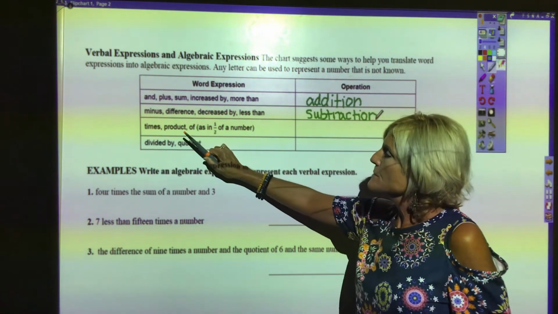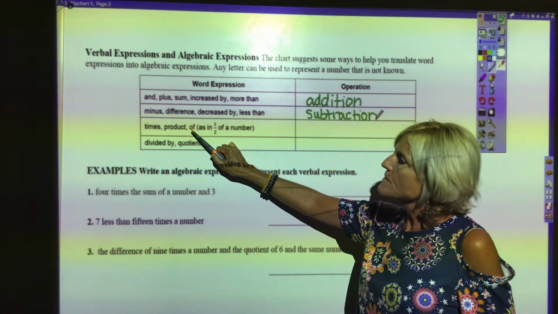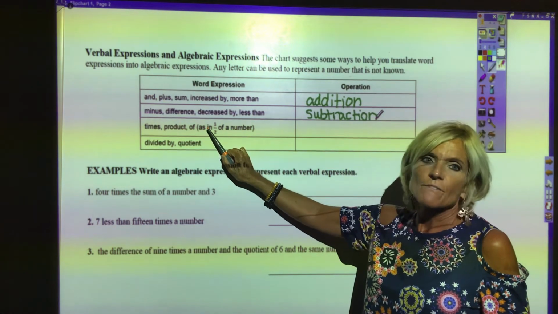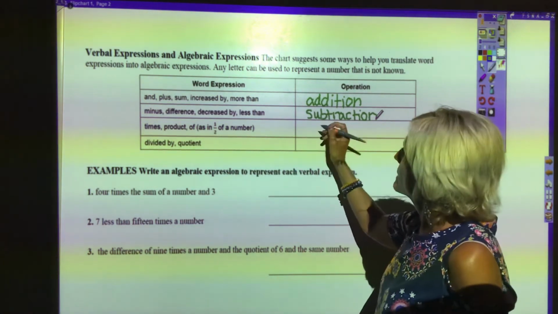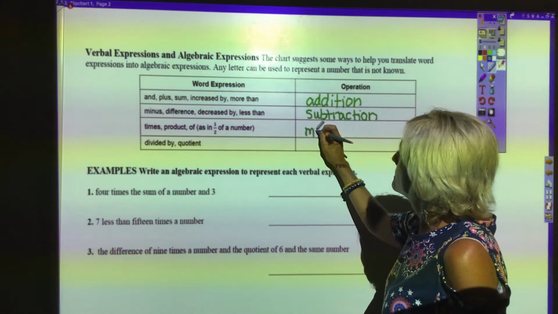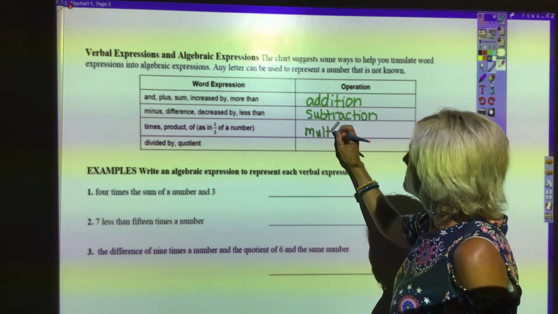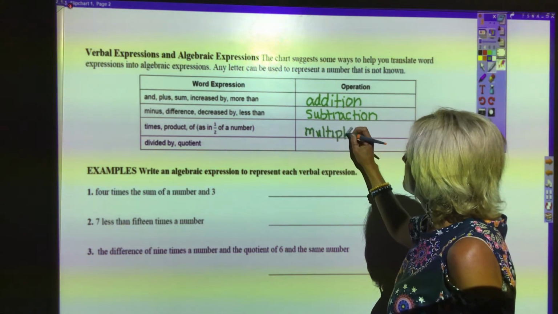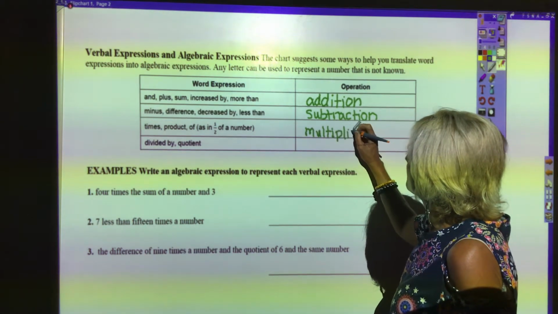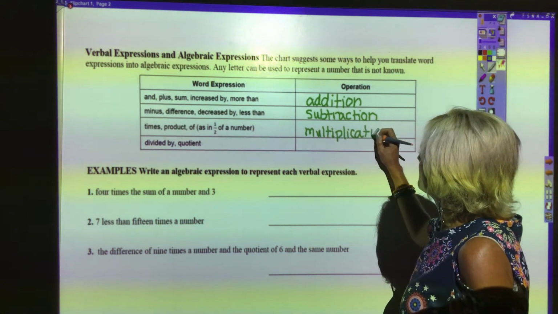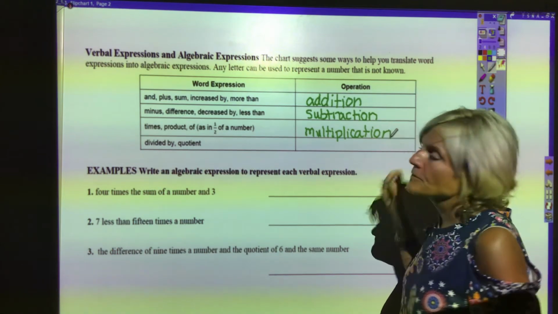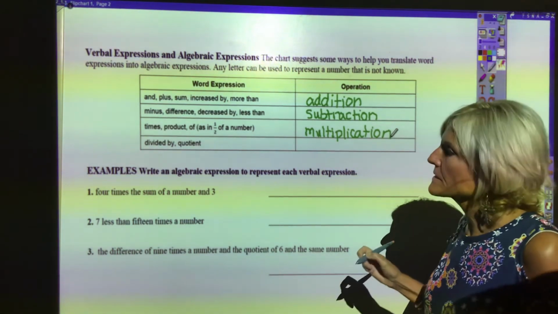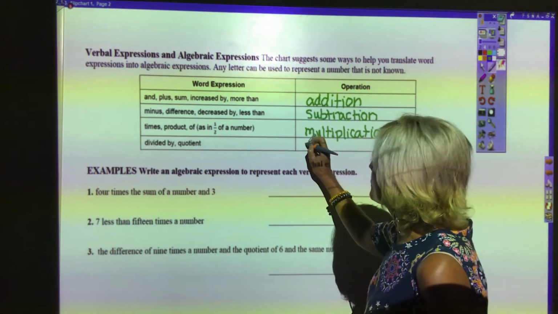When we see times, product of, as in saying the half of a number, that's multiplication. And when we see divided by or quotient, that obviously means division.